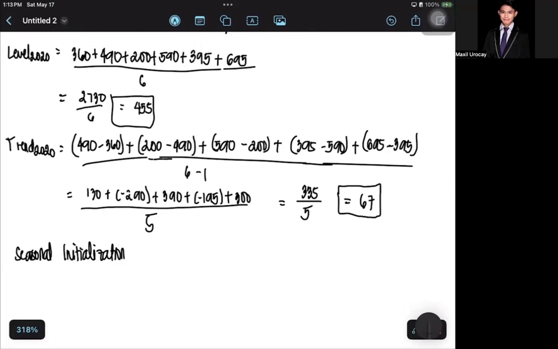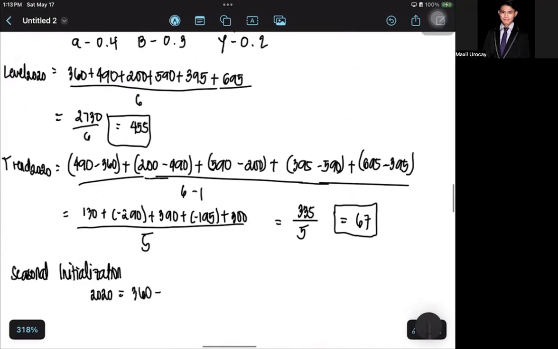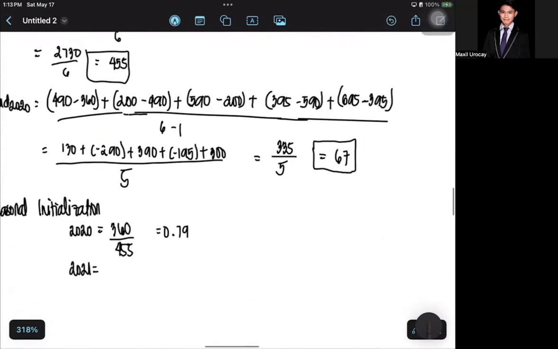For 2020, 360 divided by the level 455 is 0.79. For 2021, 490 divided by 455 is 1.08.